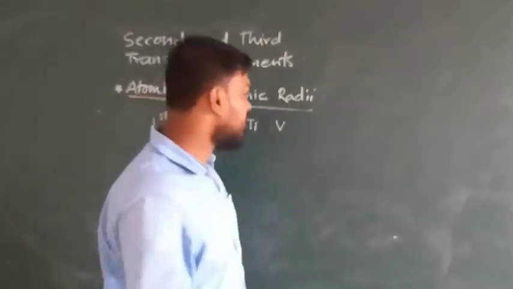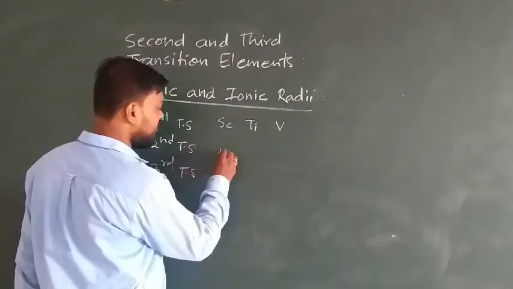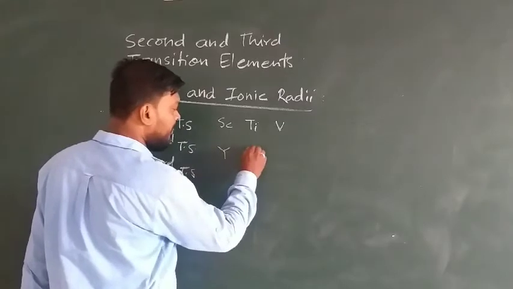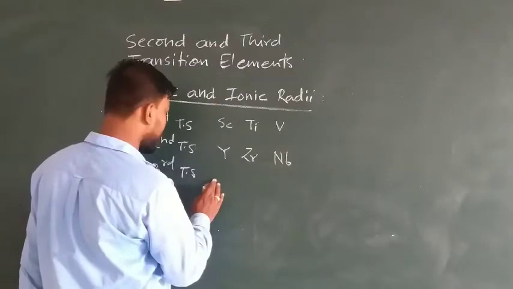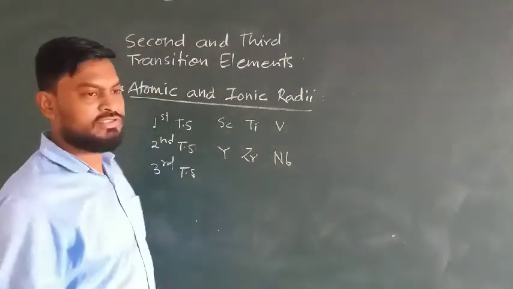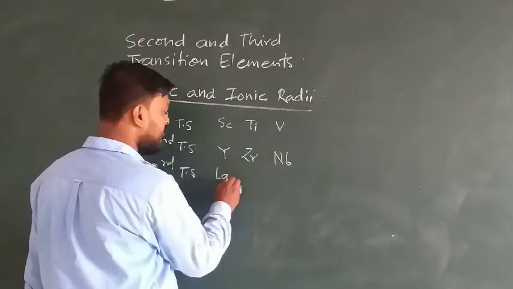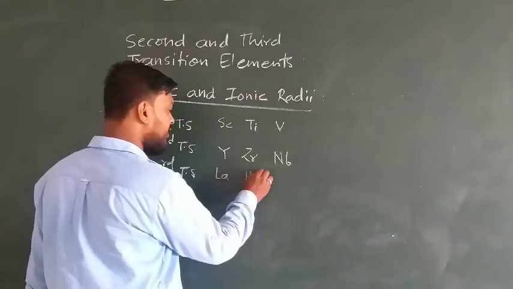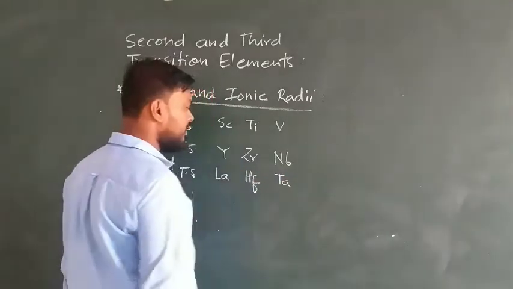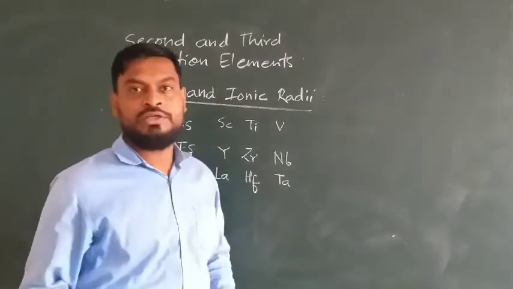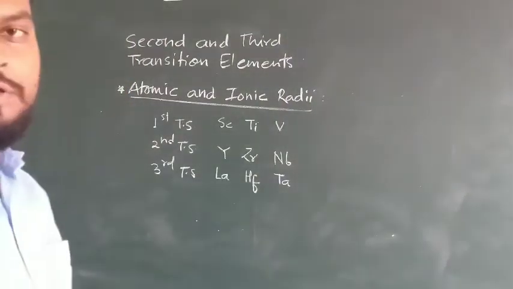Three elements for each series. The second transition series: yttrium, zirconium, niobium. In the third transition series, the first element is lanthanum, then hafnium, and then tantalum. So we have written three elements of each of the three series.